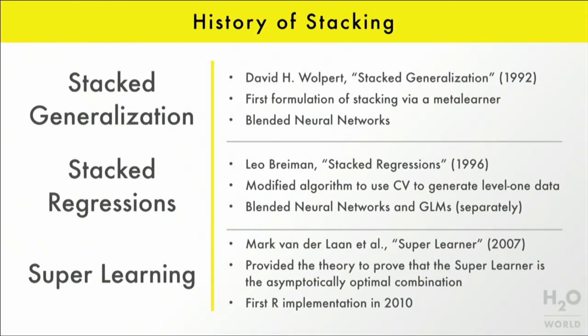So he came up with the idea to use k-fold cross-validation rather than leave one out, which is what Wolpert was using. He also focused on blending the same type of algorithms together.